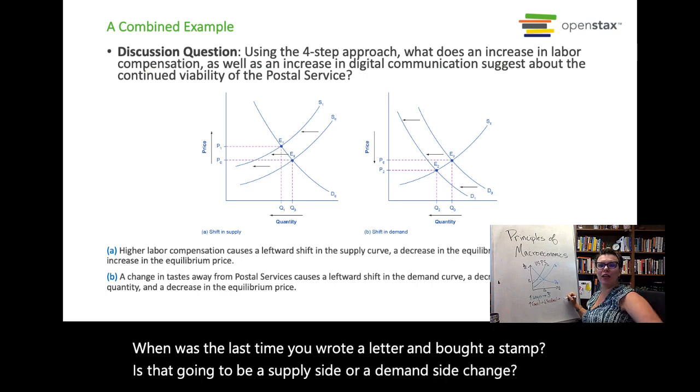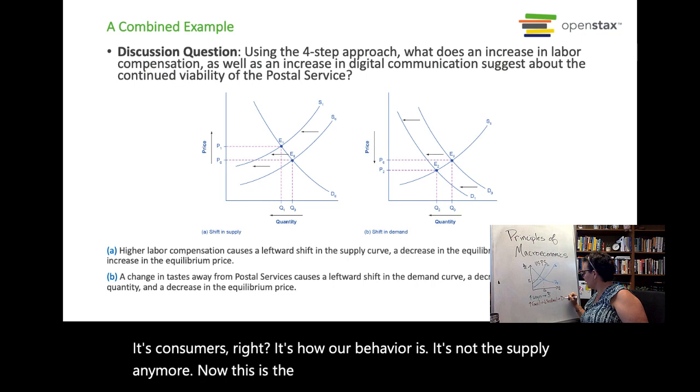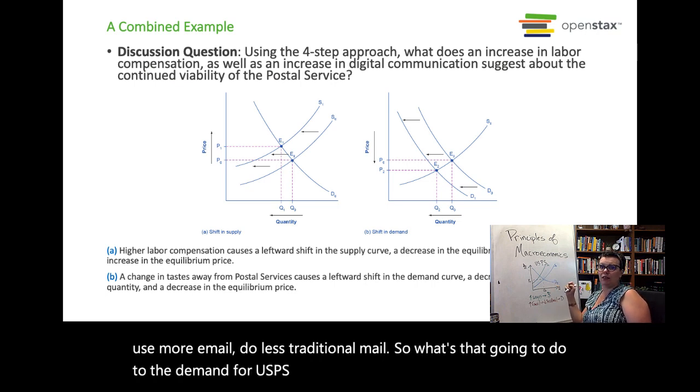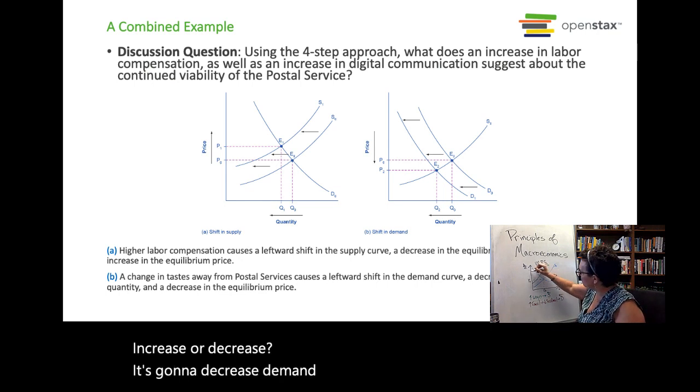It's consumers, right? It's how our behavior is. It's not the supply anymore. Now this is the demand side. Consumers are going to use more email, do less traditional mail. So what's that going to do to the demand for USPS services? Increase or decrease? It's going to decrease demand, shifting the demand curve in to the left.